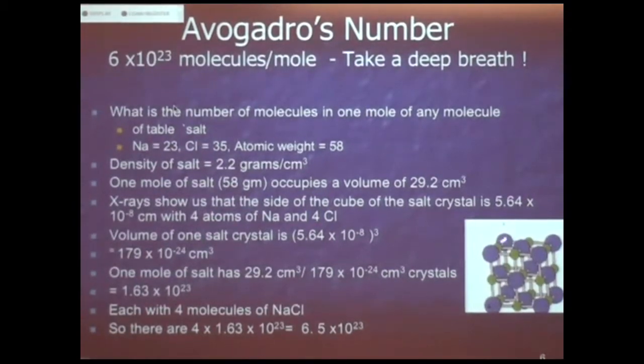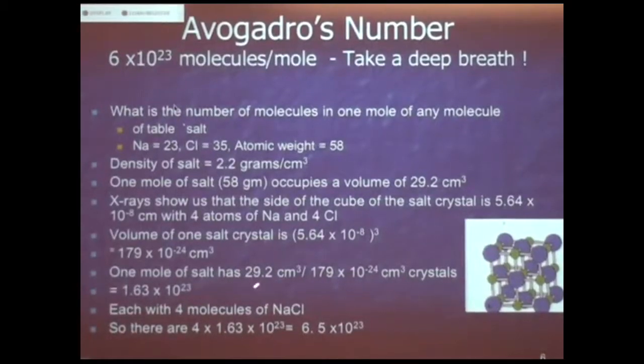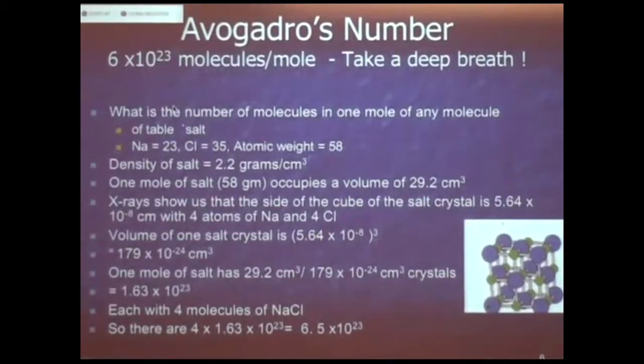So once you know the volume of this cubic cell, you know the volume of 58 grams, you can divide the two, and you can tell how many cells you've got. Okay? So if you divide these two numbers, it says you've got 1.6 times 10 to the 23 of these cells, single cells, all across your 58 grams. But now remember, these are 4 molecules of sodium chloride.